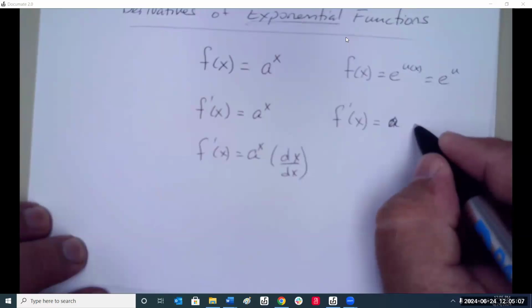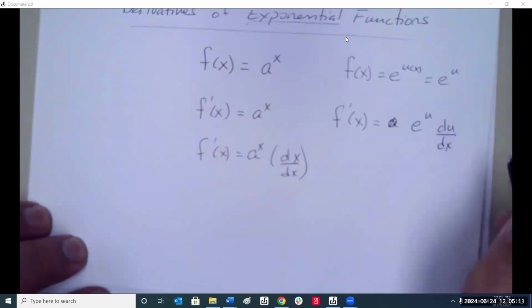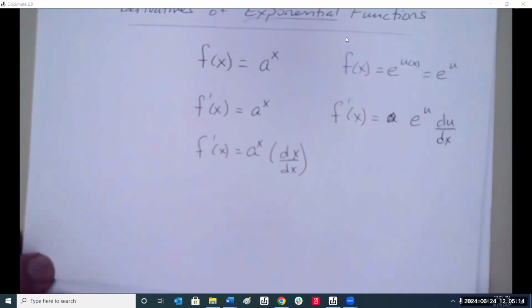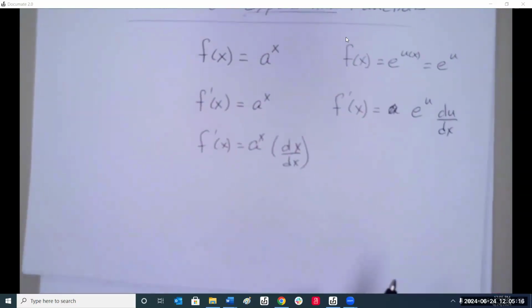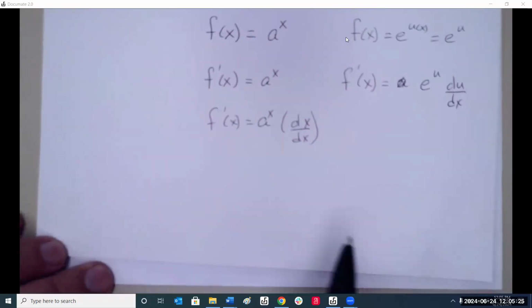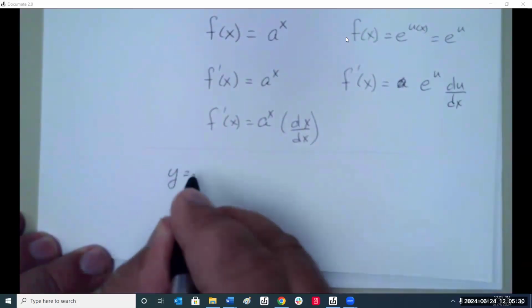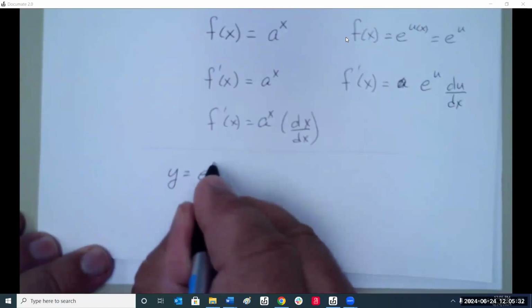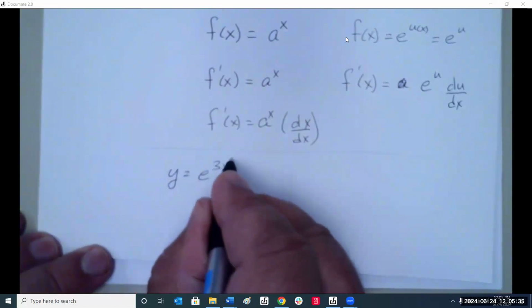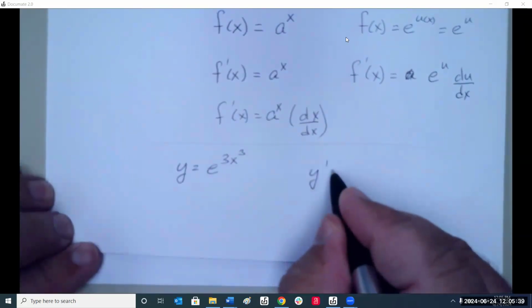So in our case, it'll be e to the u, du. So if I gave you the function e to the 3x cubed, what would the derivative be?